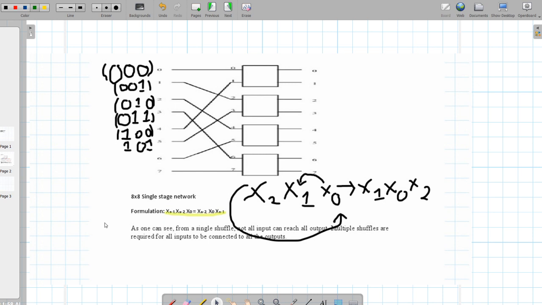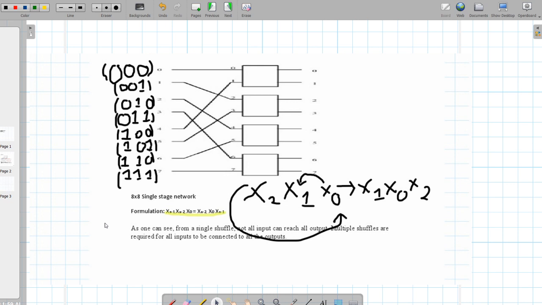The address of the seventh processor is 6, so its binary representation is 1, 1, 0. And the address of the eighth processor is 7, so its binary representation is 1, 1, 1.